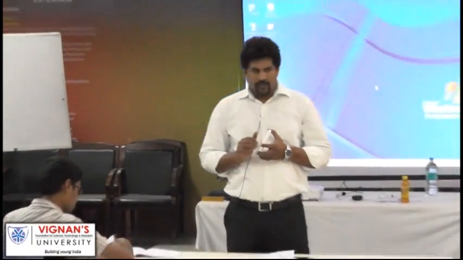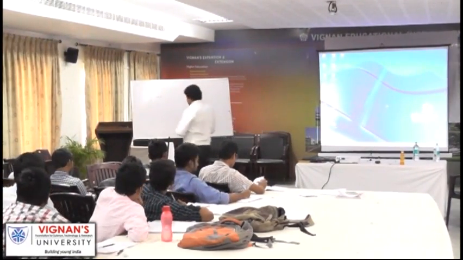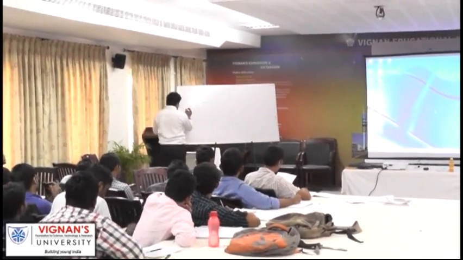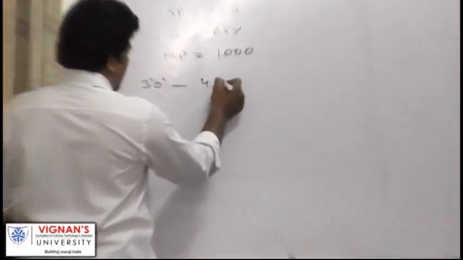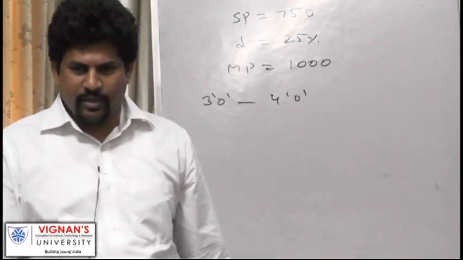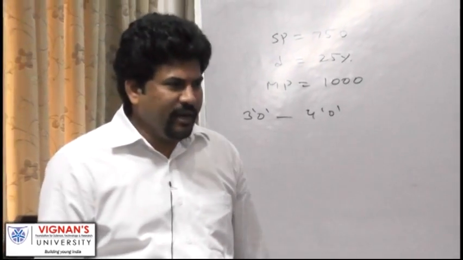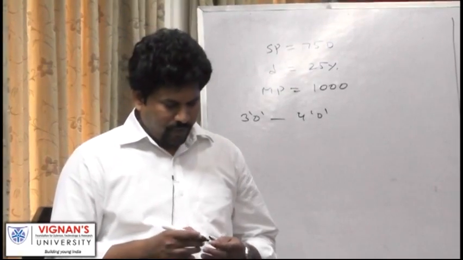For them to be at right angles, the time is given between 3 o'clock and 4 o'clock. See the shortcut. For them to be at right angles, 15 minute spaces apart, 90 degrees, all are the same.